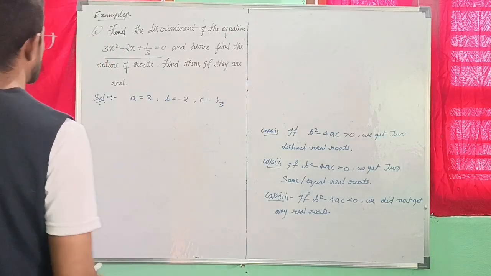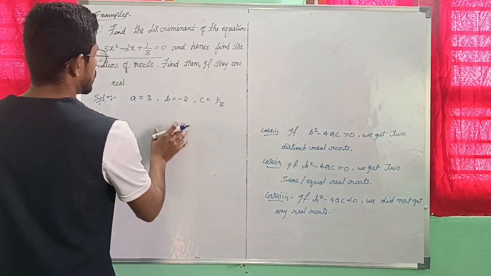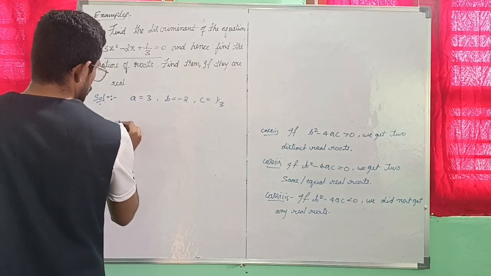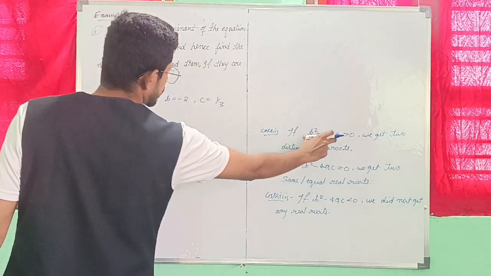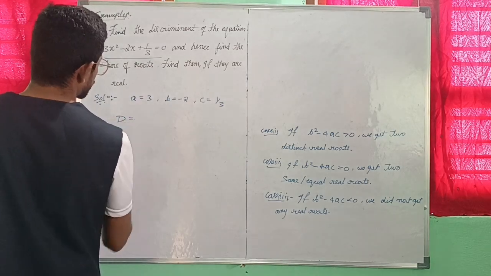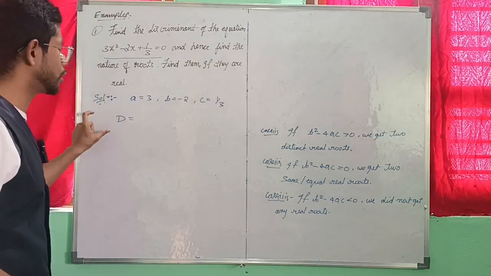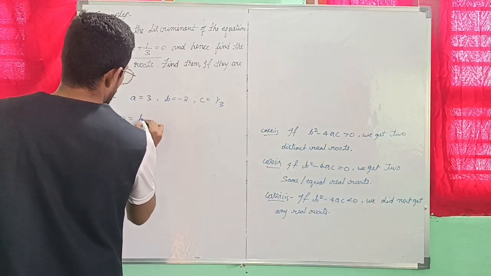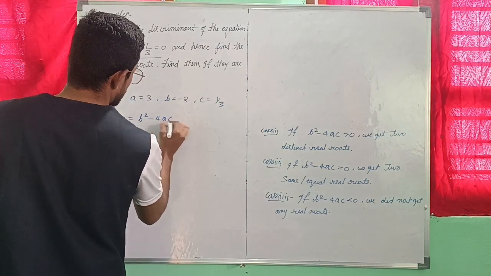Right? Now let's substitute in the discriminant. So the discriminant, denoted by capital D, is equal to b square minus 4ac.